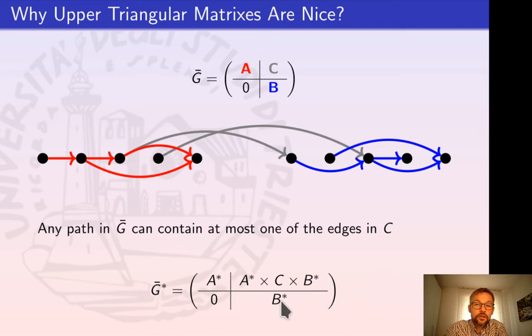This procedure is a recursive procedure which will end when we will deal with matrices whose size is 1, and this is enough. Okay, this is the point. At the end you end up dealing with exactly what you want.